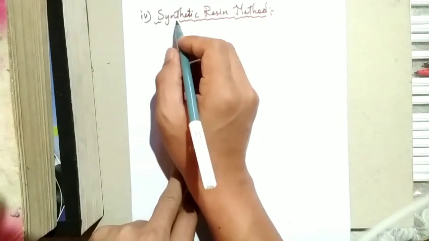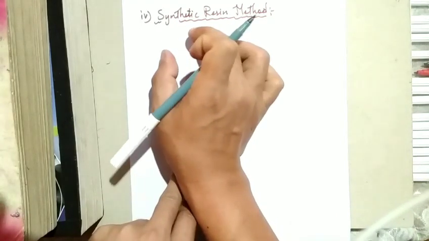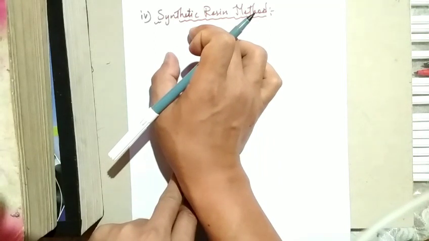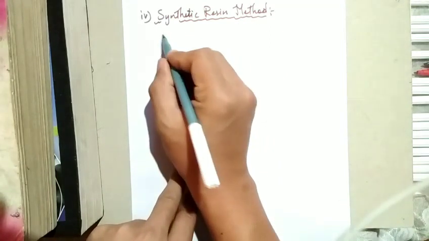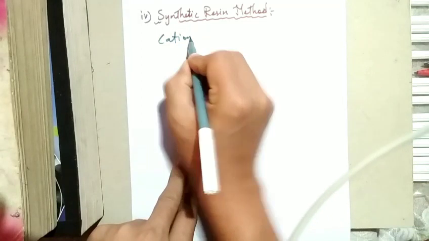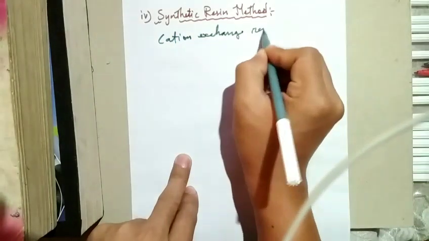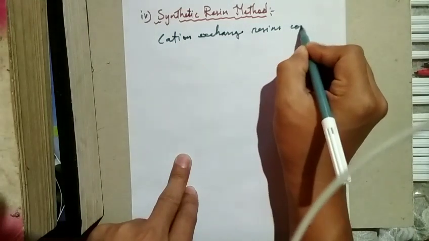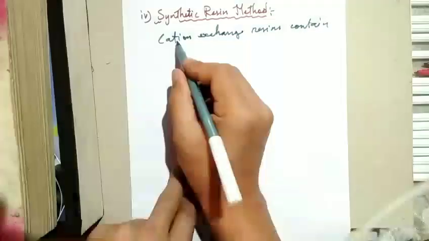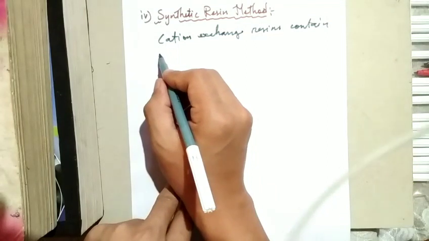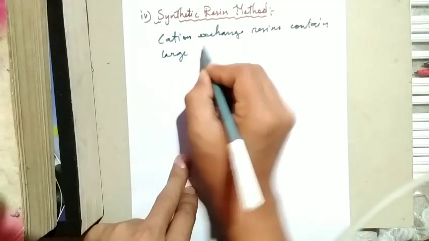So this synthetic method contains cation and anion exchange. The cation exchange resin contains a large organic molecule.